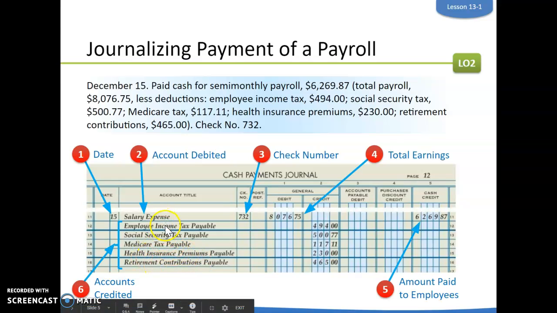So employee income tax was the first account listed, and then you're just going to move across the sheet. So we have $494, Social Security, Medicare, health insurance premiums payable, and retirement contributions payable. So all of these plus this one, because they're all credits, should equal the debit over here.